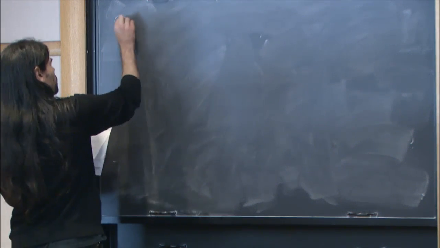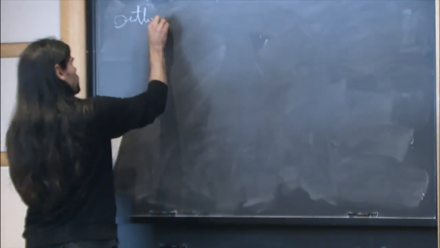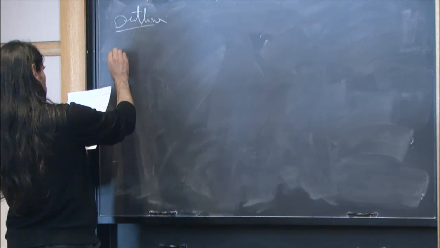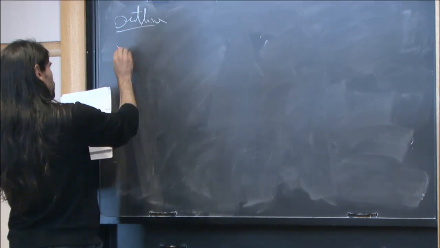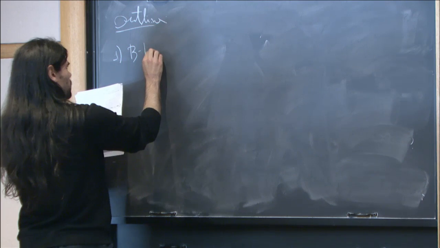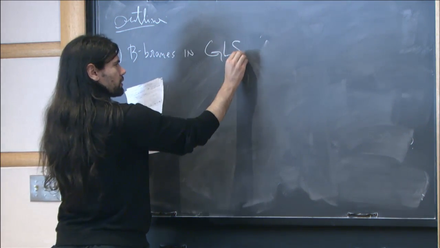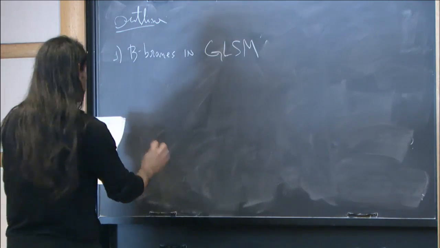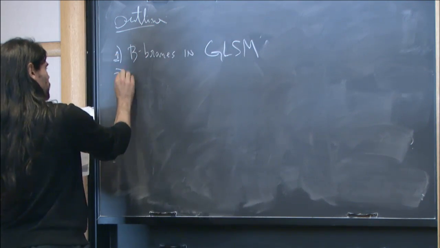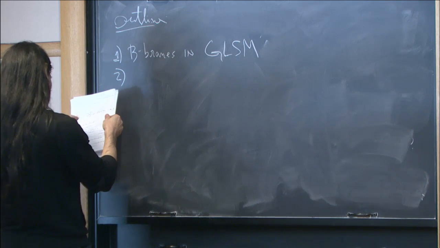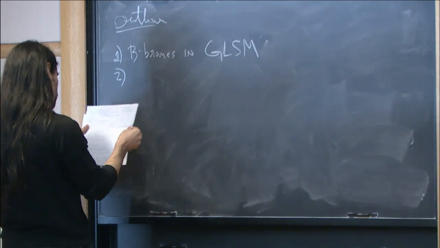A brief outline. First I will talk about B-branes in gauge linear sigma models, and all the concepts will be defined. I need to introduce the B-branes.